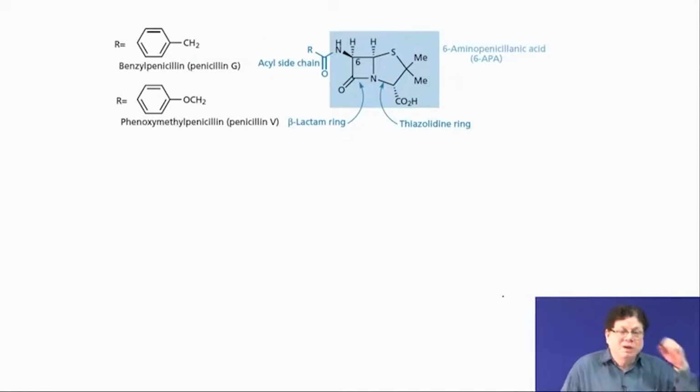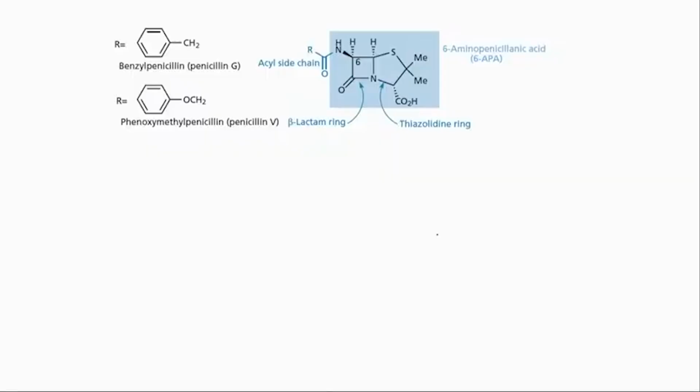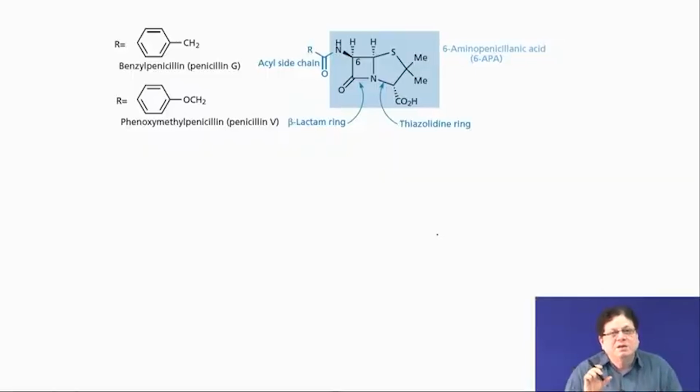Now, let us come to the chemistry of penicillin. This is the structure of penicillin. What is the pharmacophore of penicillin? Now, the pharmacophore is the molecular entity present somewhere in the entire molecule that is essential, the part that interacts with some enzyme or nucleic acid, whatever the target is.